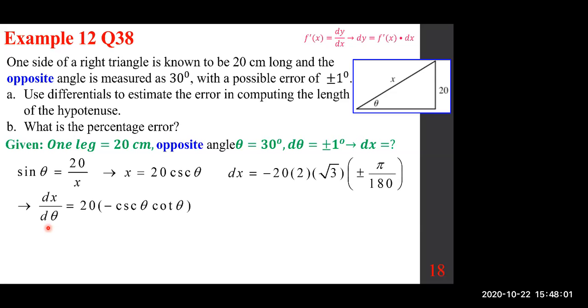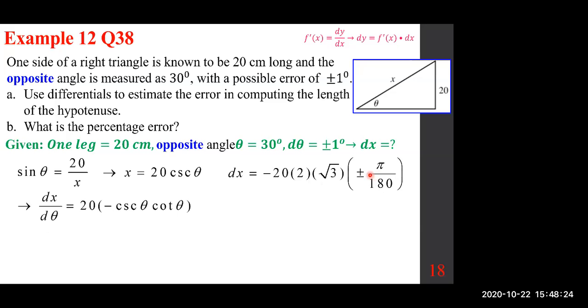This one is cosecant 30 degrees. Remember, cosecant is 1 over sine, 1 over 1/2 is 2. This is cotangent 30 degrees, and this is d theta.